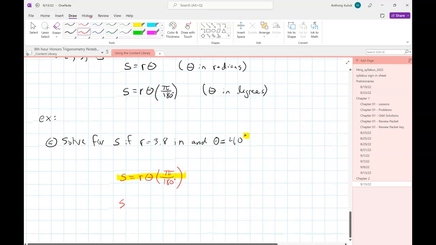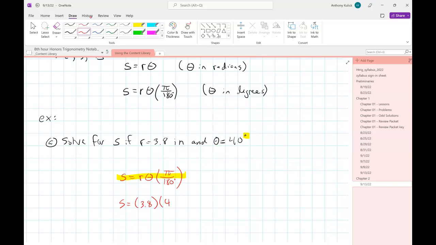Okay, now I'm just going to pop in my values and then grind that into my calculator. When I do that, I get about 2.65. What unit should be attached to this?